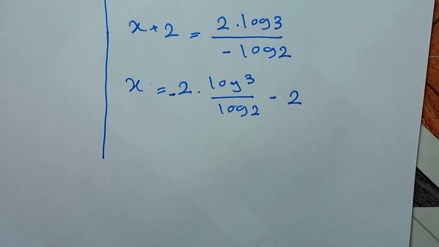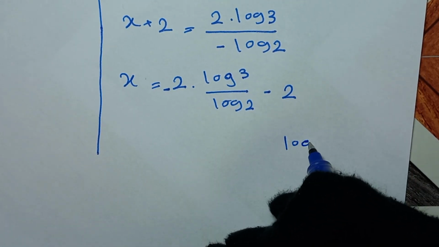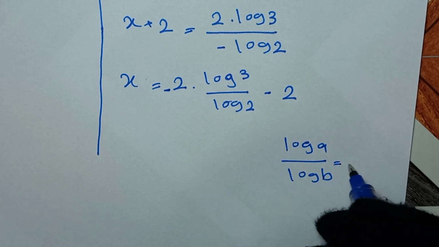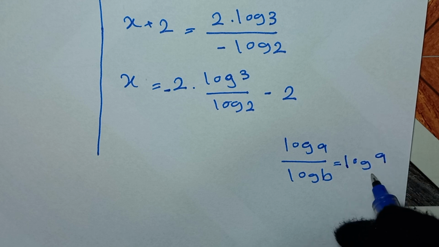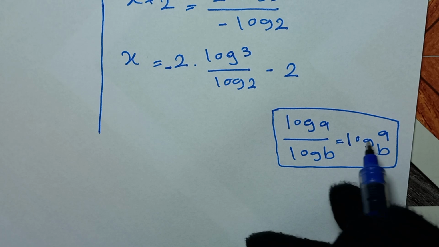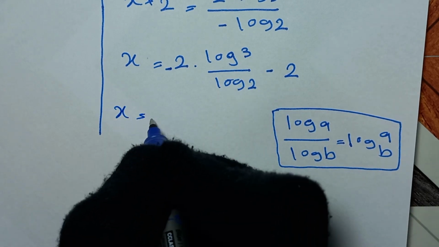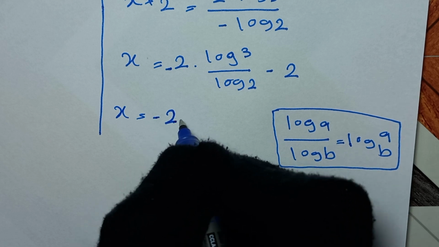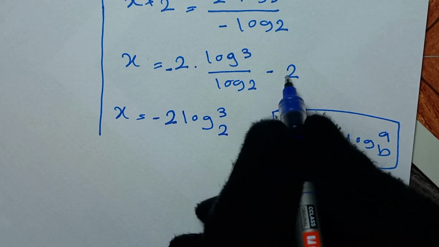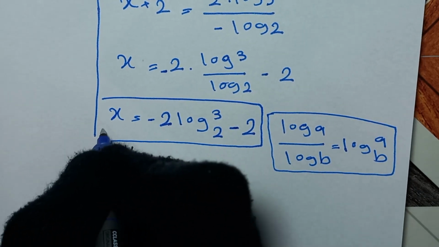So in the next step, from log rules, if we have log of a over log of b, here we can write this as log of a to base b. So from this formula, we can write this log of 3 over log of 2 as, here, x is equal to negative 2 times log of 3 to base 2, and minus 2. And this is our second answer.